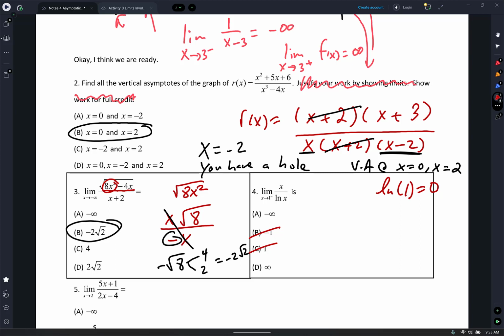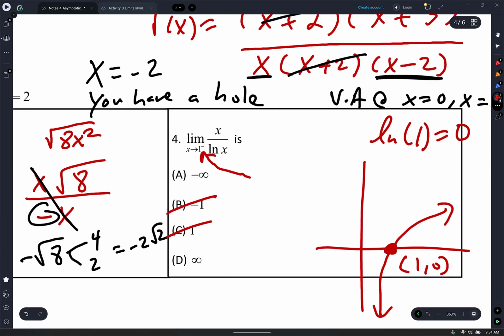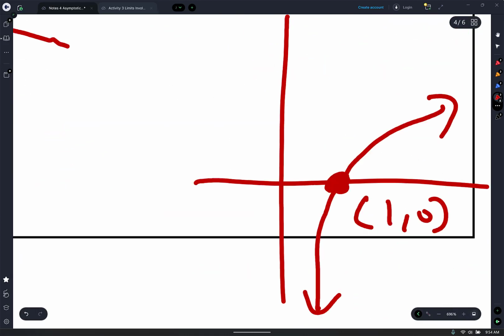Do you remember what ln of x looks like? It looks like this, and remember that it crosses at (1, 0). What am I approaching 1 from, the left or the right? If you're approaching 1 from the left, I'm looking at this graph right here, this is my ln graph.